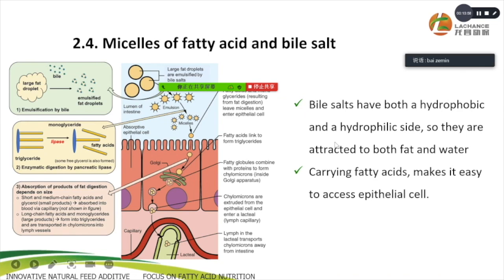So it can attract both fat and water, carrying the micelles close to the absorptive cell, then finally detaching. Then short and medium chain fatty acids are absorbed by capillaries and go back to the blood. And long chain fatty acids form into triglyceride.